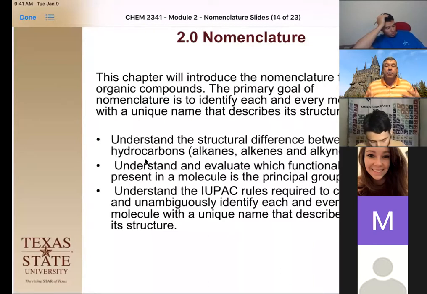So that's what we're looking for in this nomenclature. It needs to be unambiguous. It needs to be precise enough that we can hand each other pictures and write out the name, or hand each other names and write out the picture. That's the entire purpose of the codified way in which we do nomenclature.